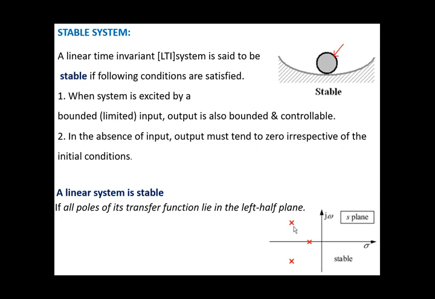If you find those roots in the left side of the S-plane, that is the negative side, then the system is said to be stable.